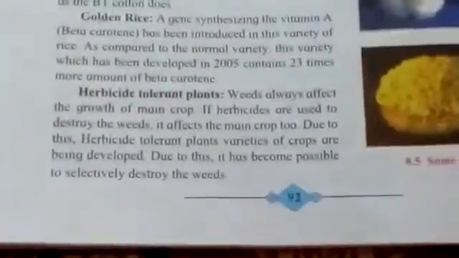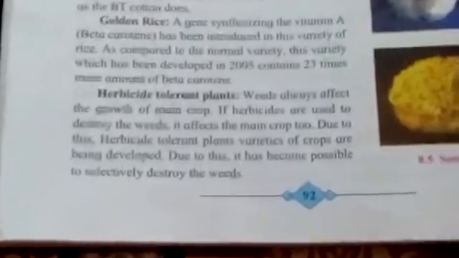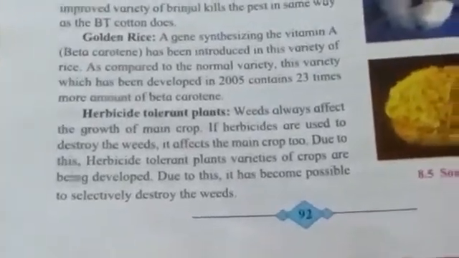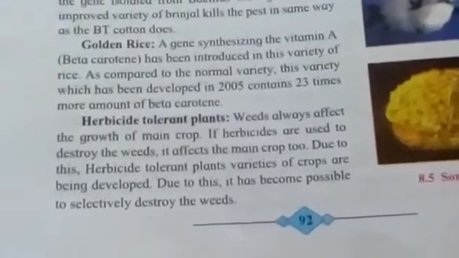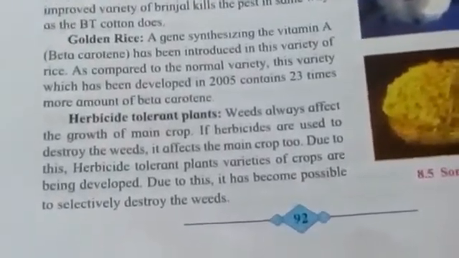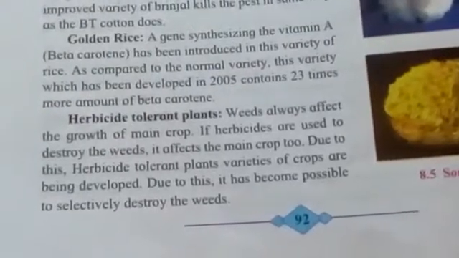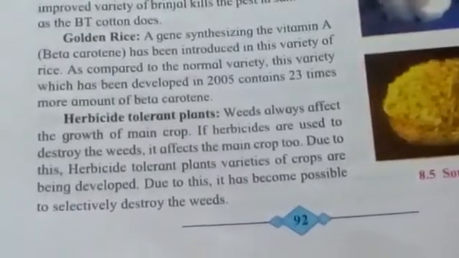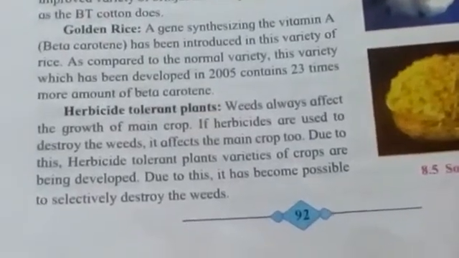Then herbicide tolerant plants. See, as I've taught you before, weeds always absorb the nutrients and the main crop has to suffer. And whenever we use herbicides or weedicides to kill the weeds, the main crop also suffers, because the main crop will also be destroyed by these herbicides or weedicides.